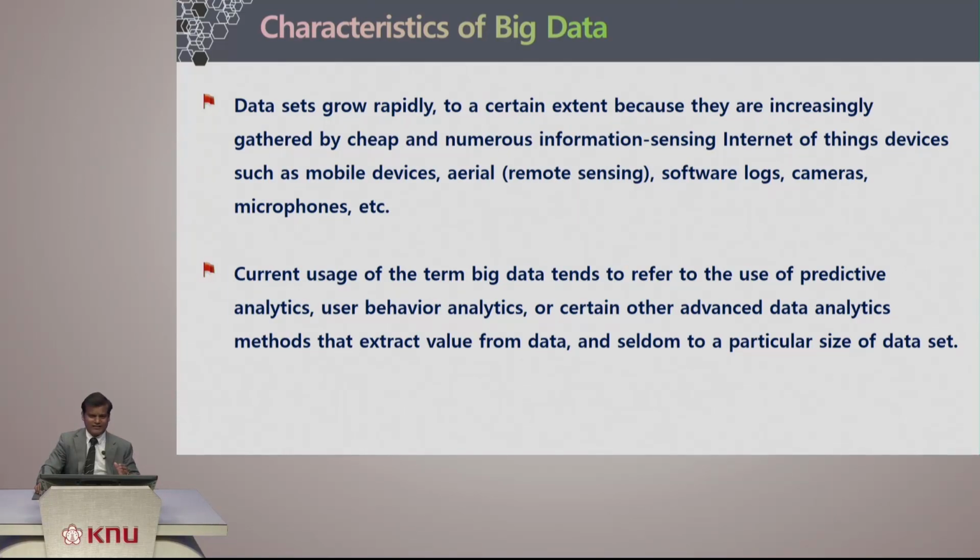Talking about data itself, we know that data sets grow rapidly because they are increasingly gathered by cheap and numerous information-sensing Internet of Things devices, such as mobile phones, sensors, cameras, microphones, etc. That's why today we have an enormous amount of data generated.